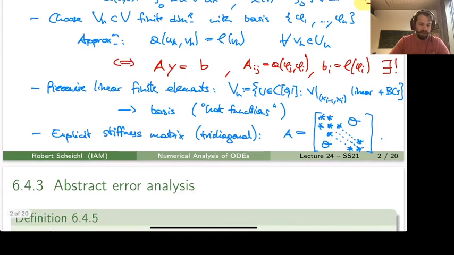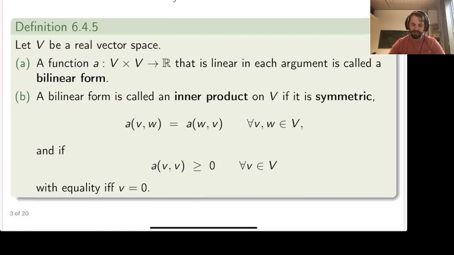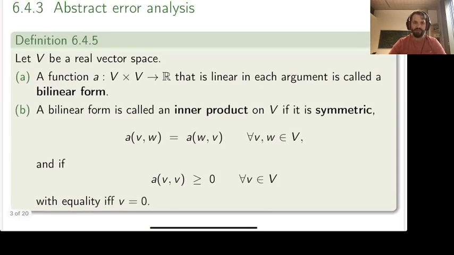Okay, now I want to analyze the error in approximating u with u_h. And to do so, we first need a bit of functional analysis, but very, very mild. We're going to look at a vector space. So this space V and the space V_h are real vector spaces of functions over the interval (0, 1).